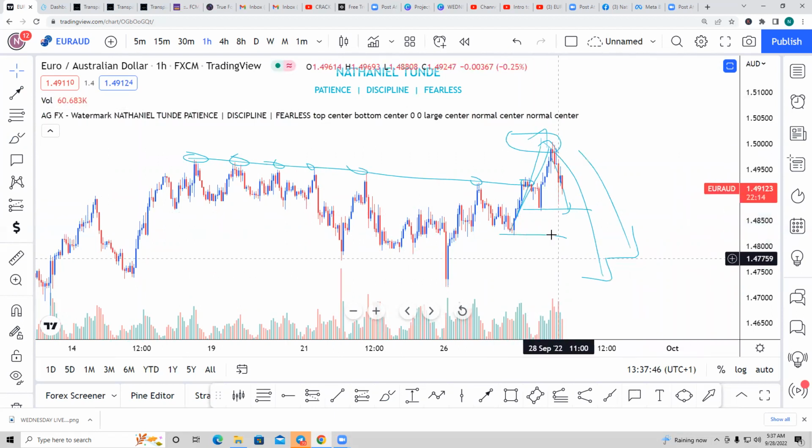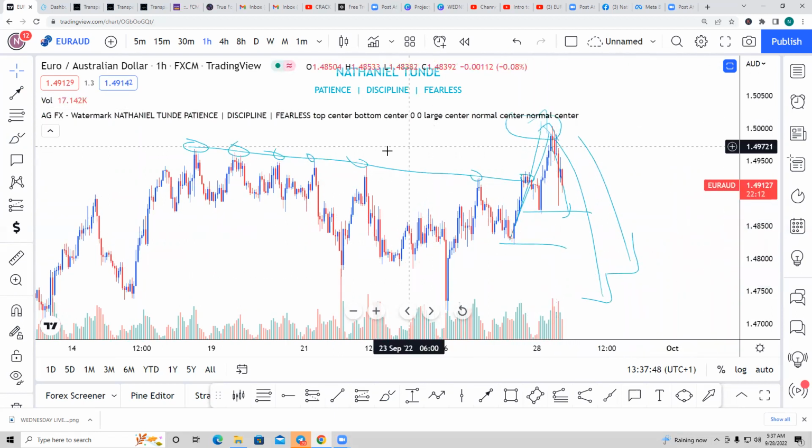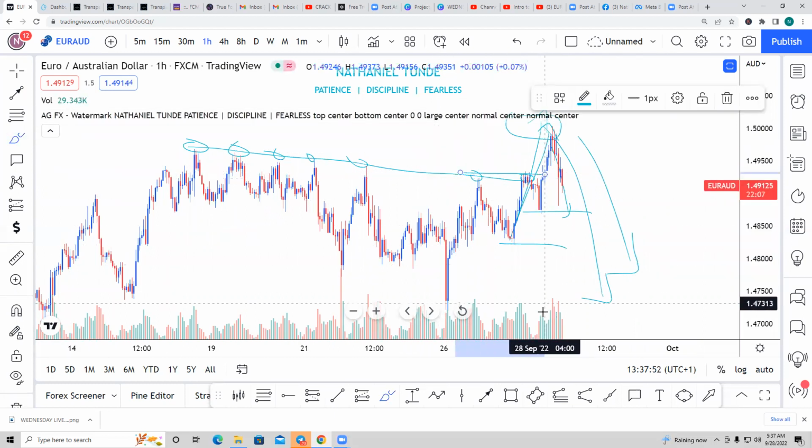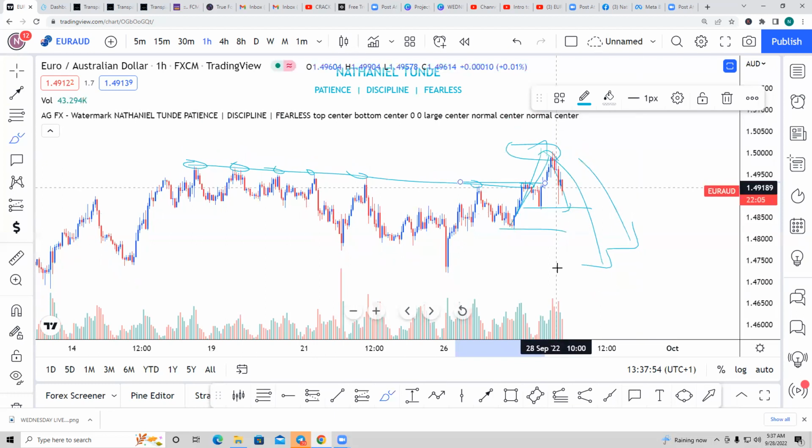Another thing you should check, whenever there is a break of market structure this way, is the volume. I use this volume indicator to check what happened to the volume when the structure is broken. If it is a liquidity grab, the volume is going to be less, even though the breakout is strong.